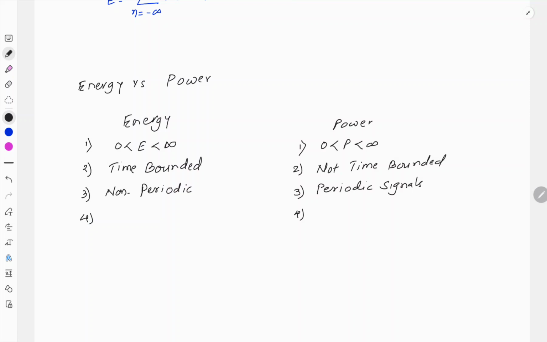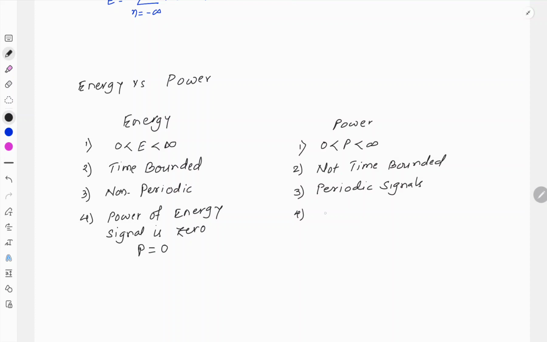Next, a very important differentiation here: the power of an energy signal is 0. That is, if we try to find out the power of an energy signal, it will come 0.